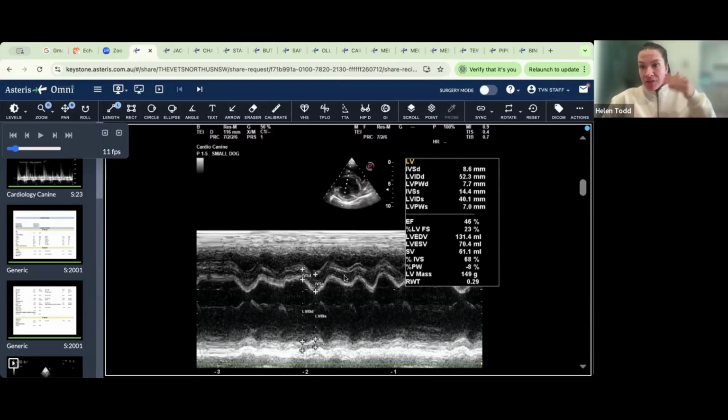The greater the left ventricular internal diameter is a surrogate, is a marker of how volume overloaded your patient is. We use end diastole because that's when the ventricle is the most relaxed and the most full of blood it's ever going to be, just before it contracts for systole. And the bigger that gets, the closer that patient is to going into congestive heart failure.